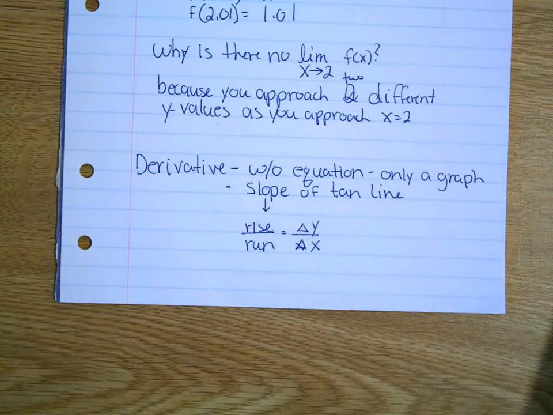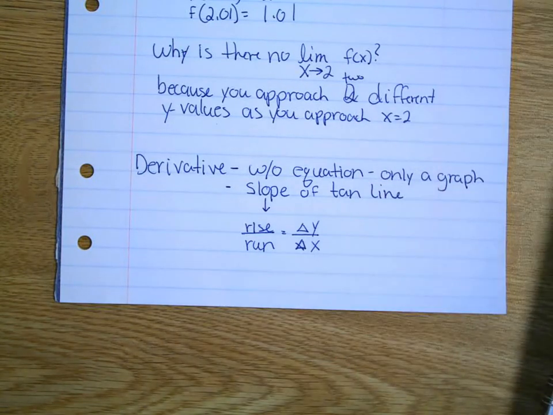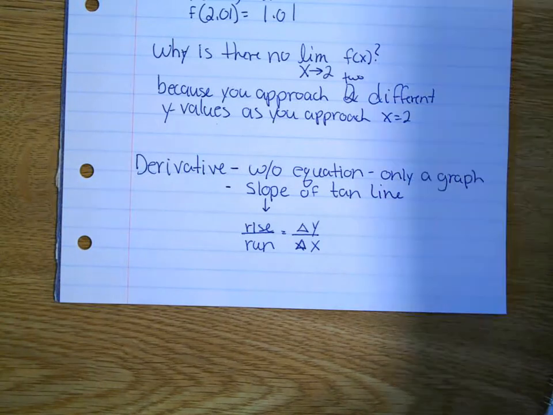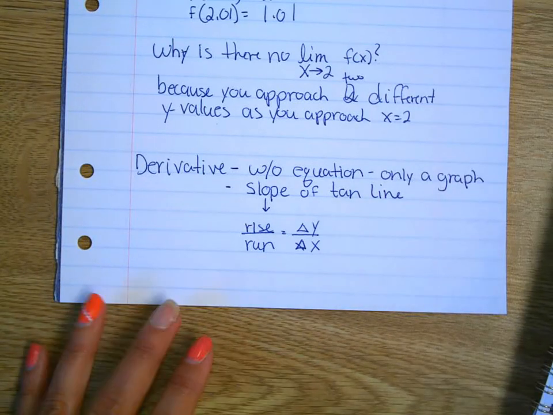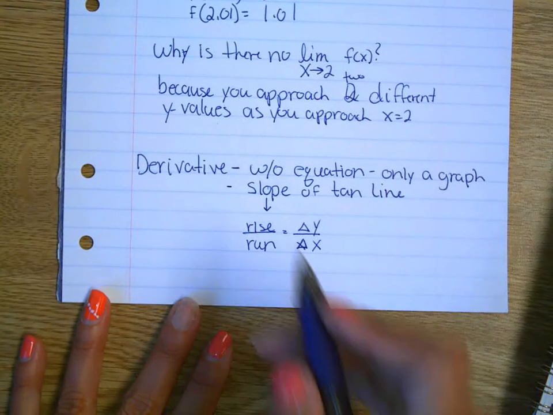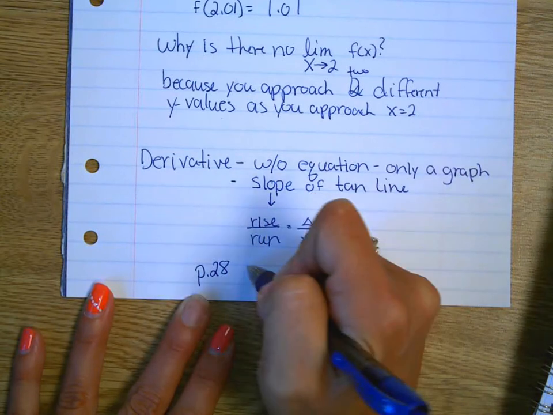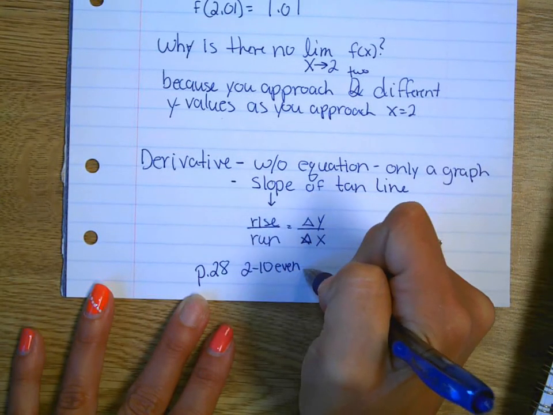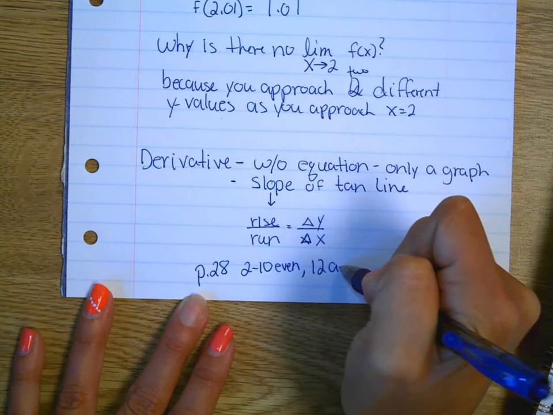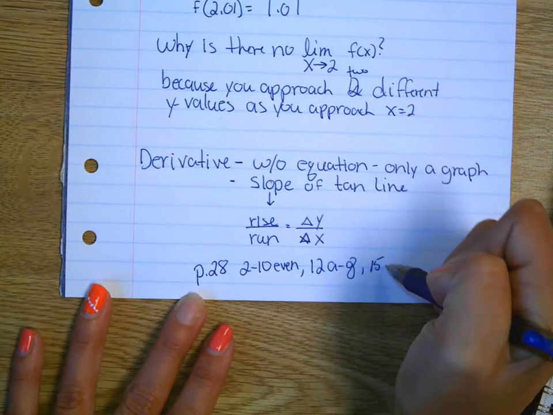Your assignment is going to be 1, 5 right here. 1, 5, day 2, page 28, 2 through 10 even, 12 parts A through G, 15.